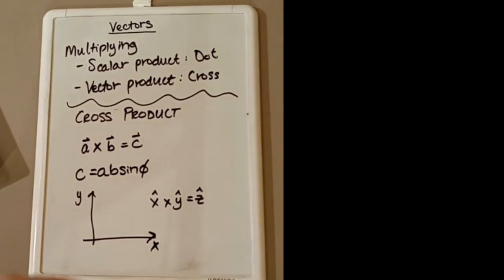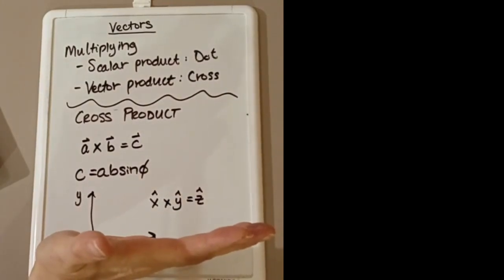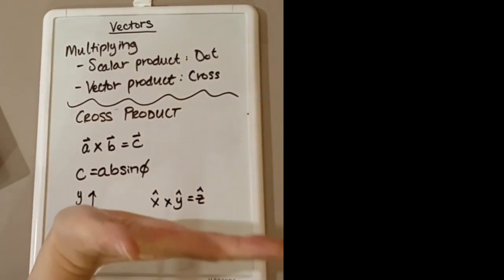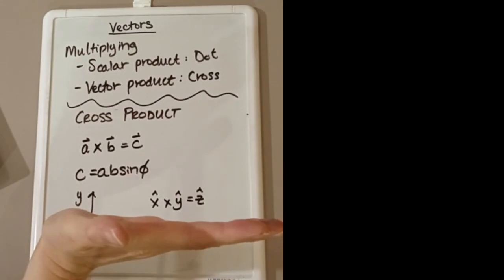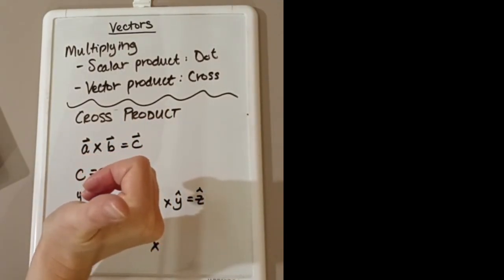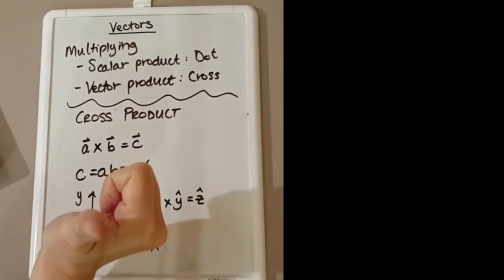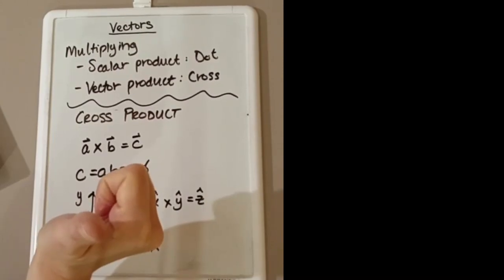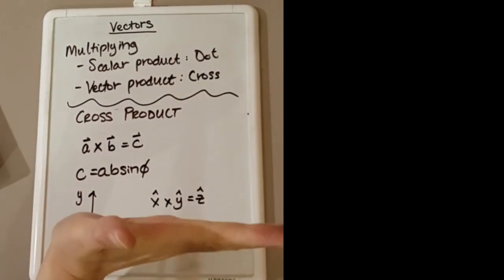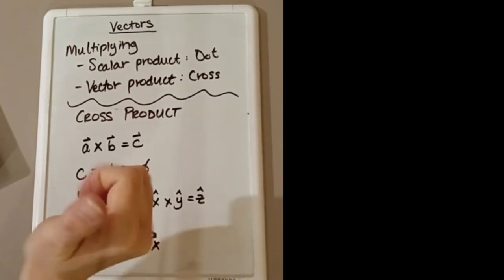I'm using the hat because I'm using unit vectors. I use i, j, k for standard, but you could use x hat, y hat, z hat. So you put your fingers in the direction of x, curl them toward the y-axis, and then your resultant is the direction of your thumb, in this case z, and it points up out of the page. So x cross y is our z direction.